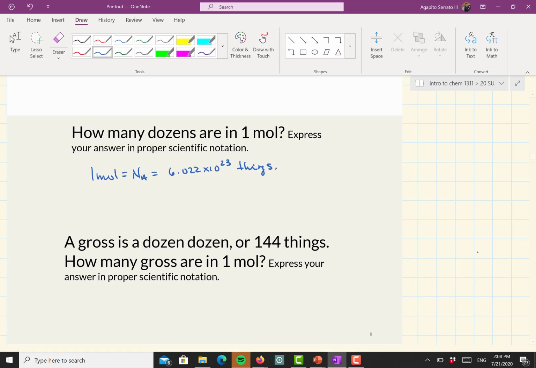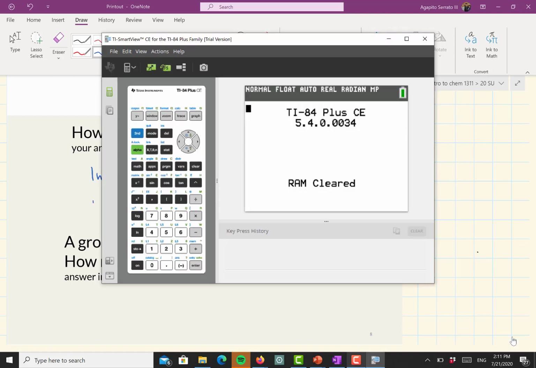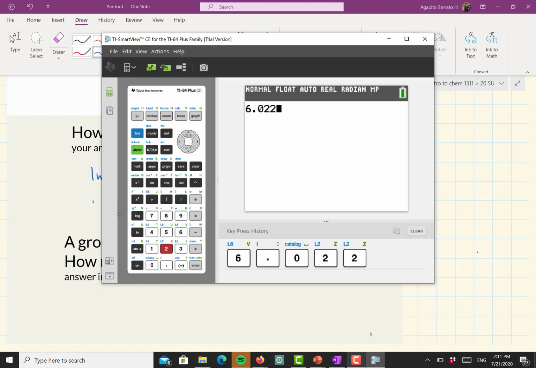So we need to figure out how many dozens are in 1 mole. We need to know what to start out with and what we want to end up with. So 6.022, then we go to EE, second EE, to the 24.